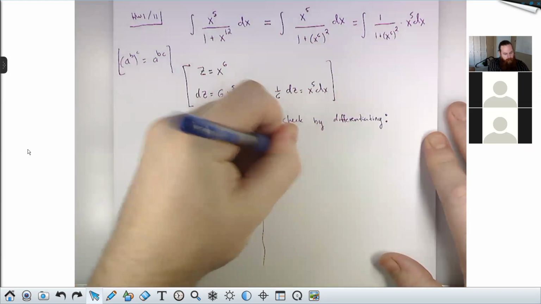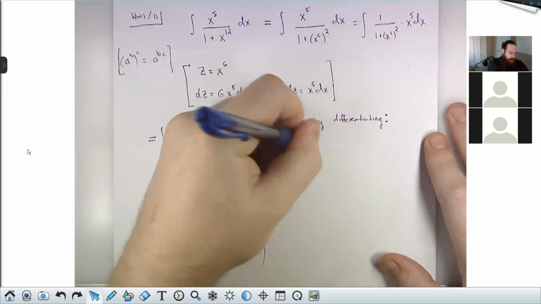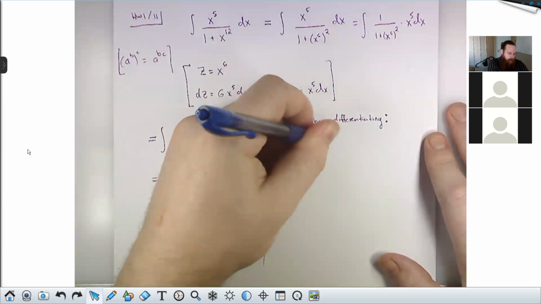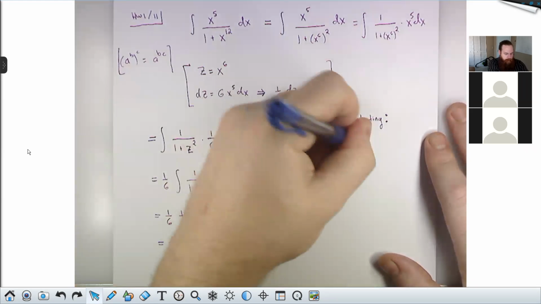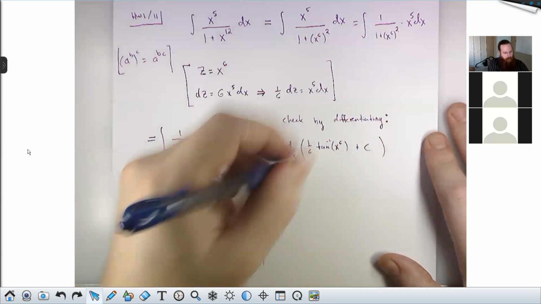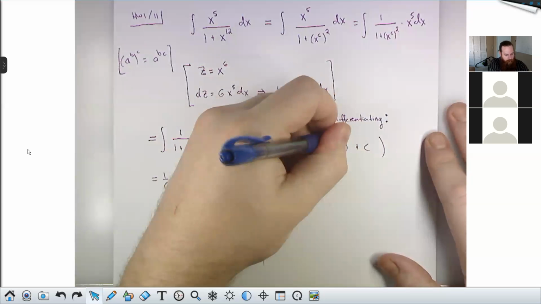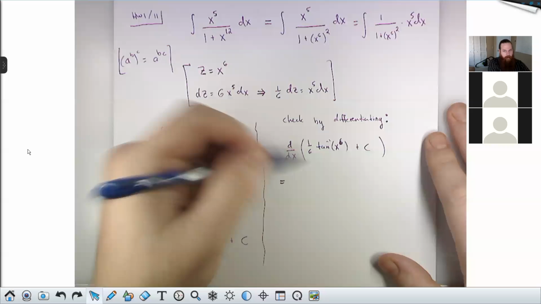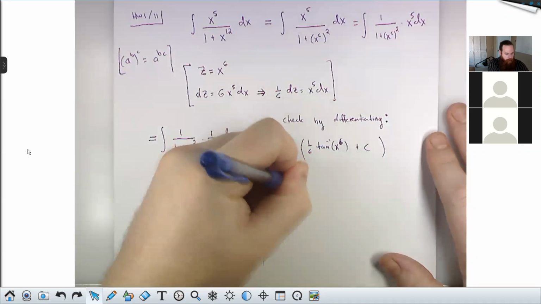So the derivative here, if I take d/dx of 1/6 inverse tangent of x to the 6 plus c, first the c differentiates to 0. So it's really just the 1/6 arctan x to the 6 that I have to deal with. The 1/6 will come along for the ride.